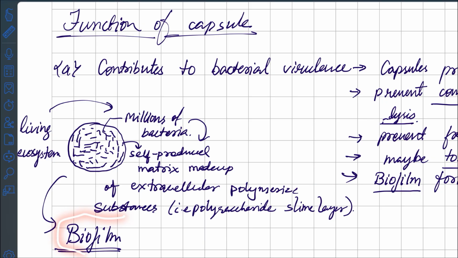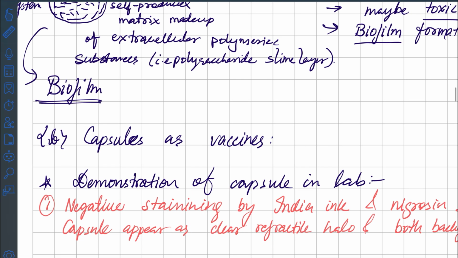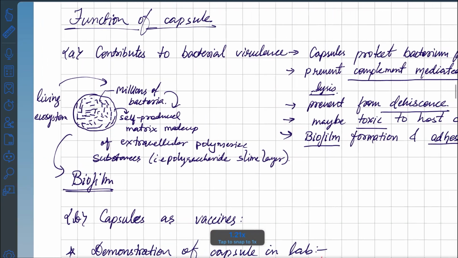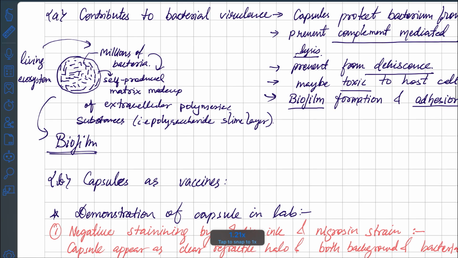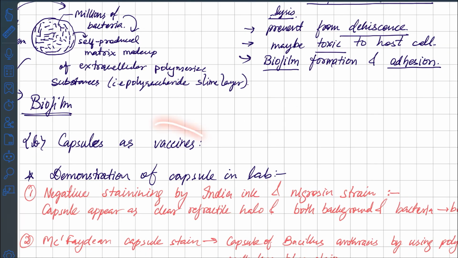This is biofilm, and capsule is one of the factors which helps in biofilm formation. The second function of capsule is that it can act as a vaccine. So this point is in favor of us, not the bacteria actually.